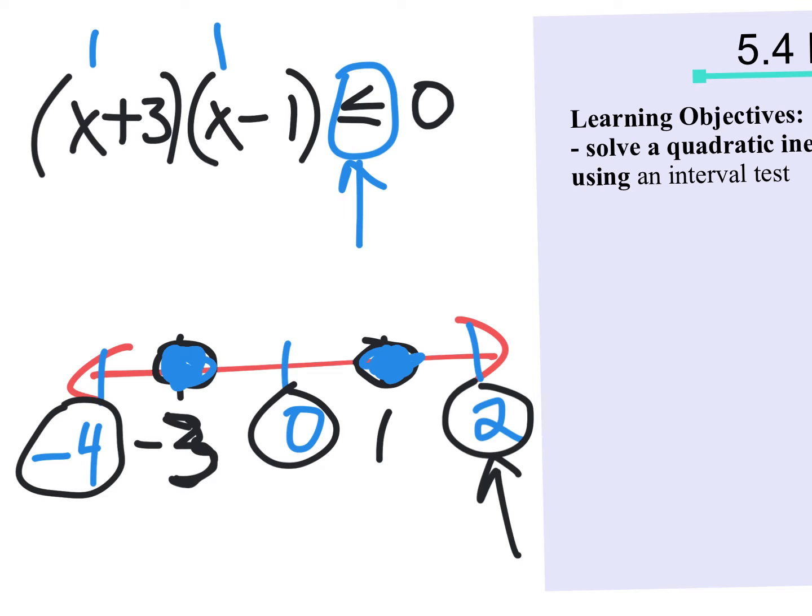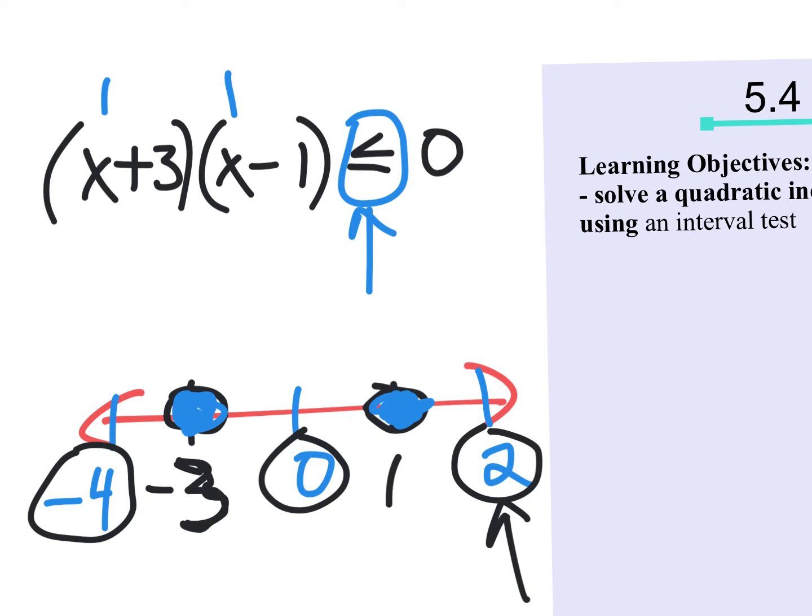That means if I stick the 2 in, will this thing stay less than or equal to 0? All right, everybody figure out if 2 works, if 0 works, and if -4 works, and then fill in the area that works. Like if you think this area works, you'd highlight it from 1 to infinity. All right, I'm going to pause for a second while you try to test these intervals.